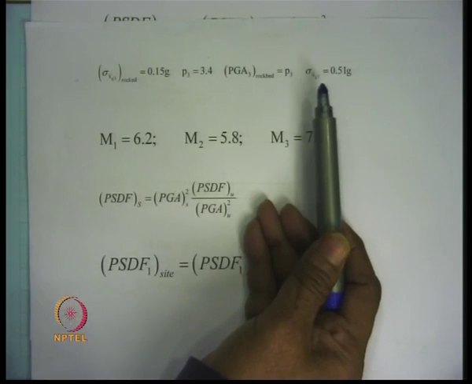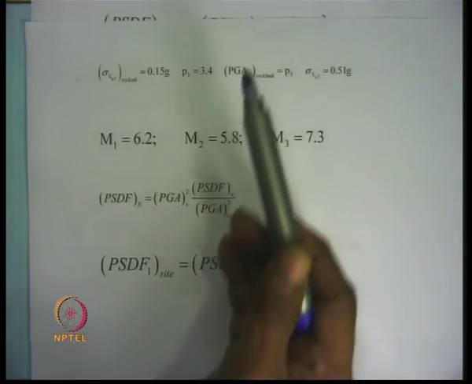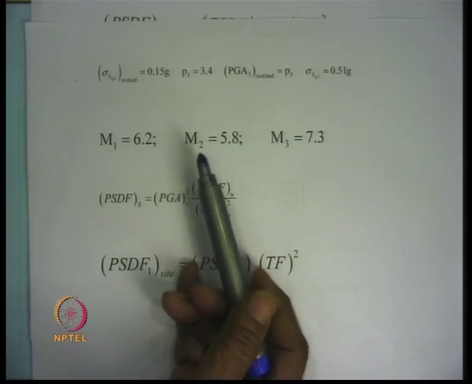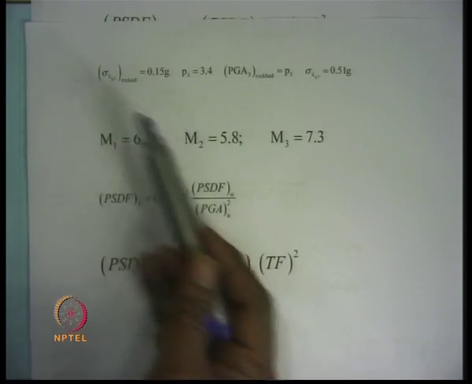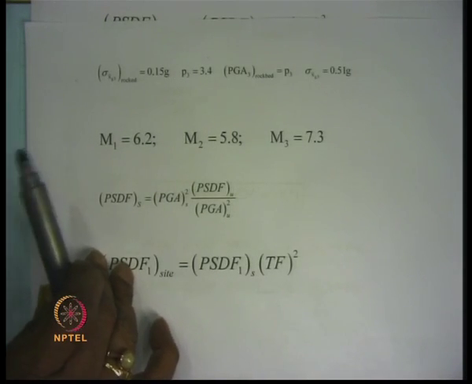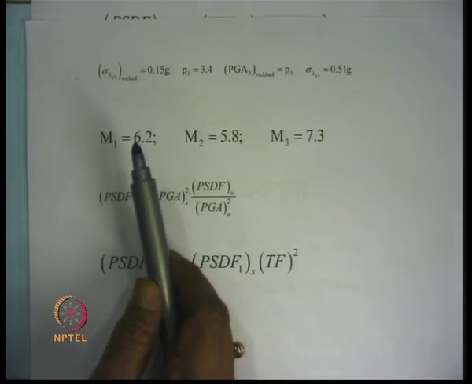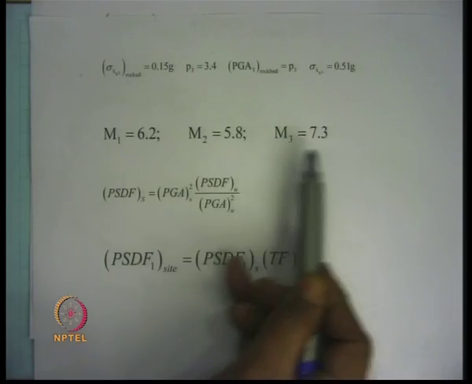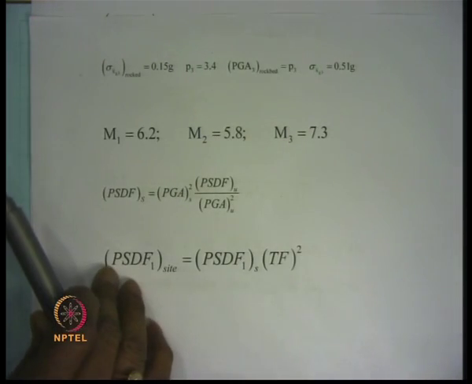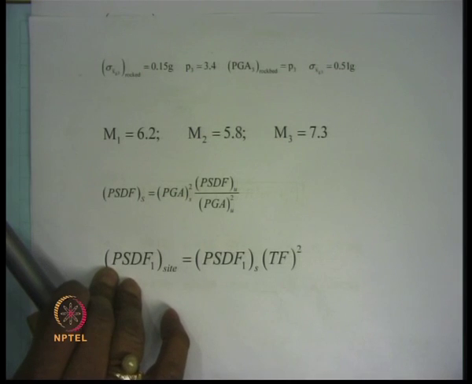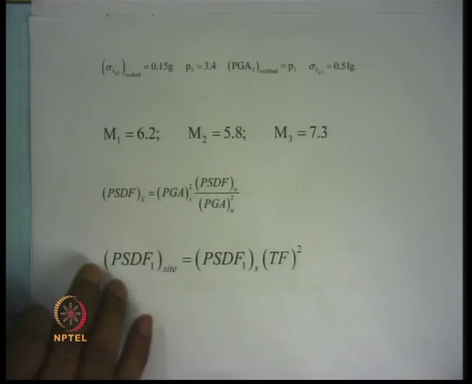Now, once we know the peak ground accelerations for the 3 sites at the rock bed level, and we use their epicentral distance, then using the epicentral distance and the peak ground acceleration, one can calculate the magnitudes of earthquake for which these power spectral density functions were obtained for the sites 1, 2 and 3 at the surface level.